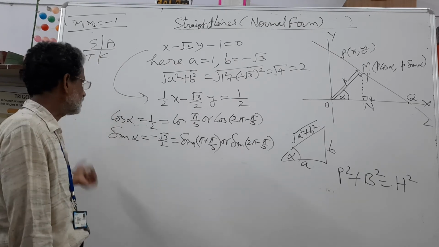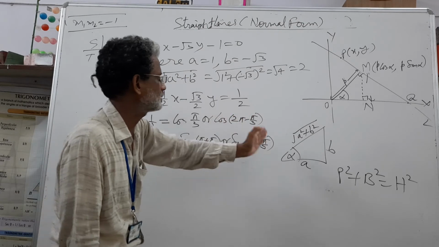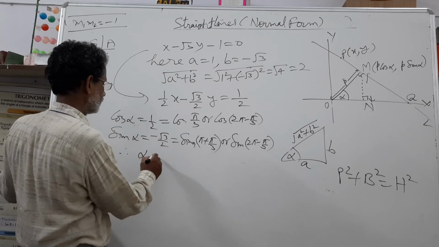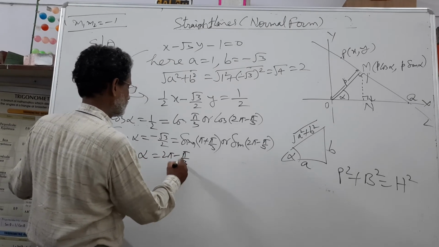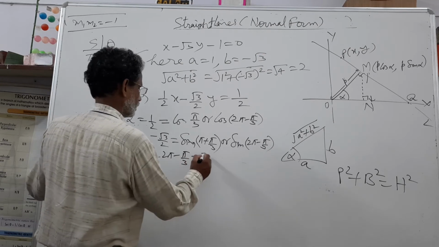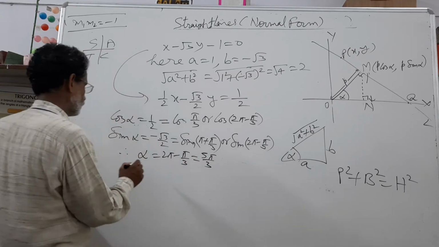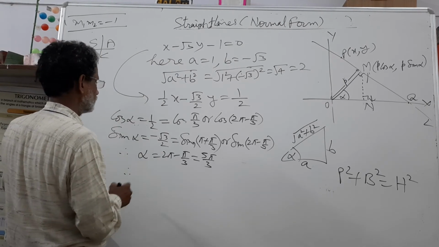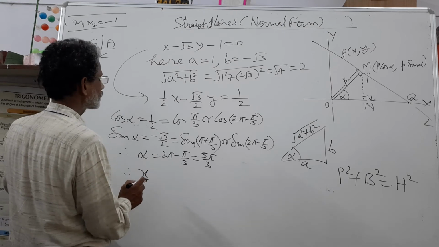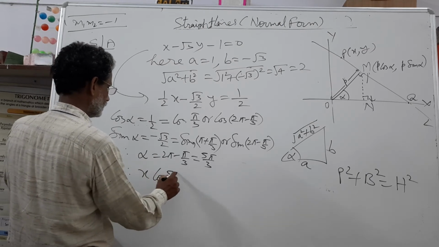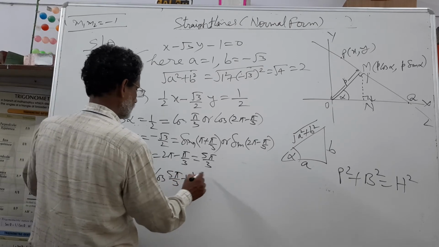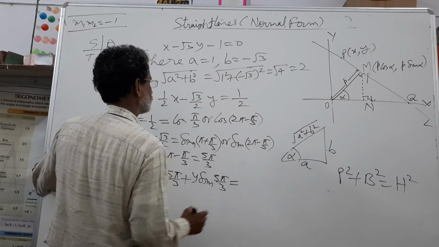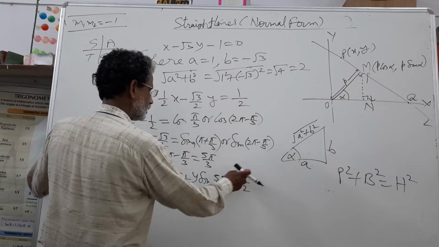Therefore, we will select alpha as 2 pi minus pi by 3. Therefore, alpha becomes 2 pi minus pi by 3 is equal to 5 pi by 3. Therefore, the normal form of the equation becomes x cos 5 pi by 3 plus y sin 5 pi by 3 is equal to half. This is the value of p.